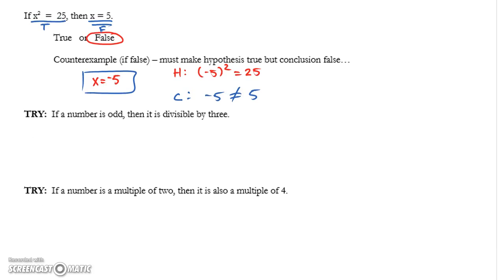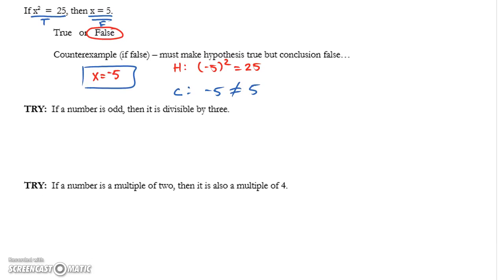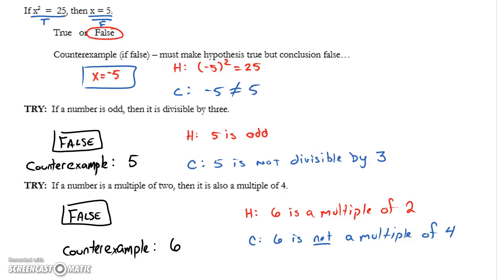See if you can come up with a counterexample or determine if the statement is true for the next two examples. Press pause. When you're done, unpause to check your answers. So both of these examples are false.